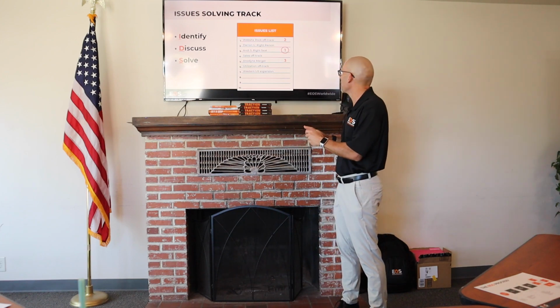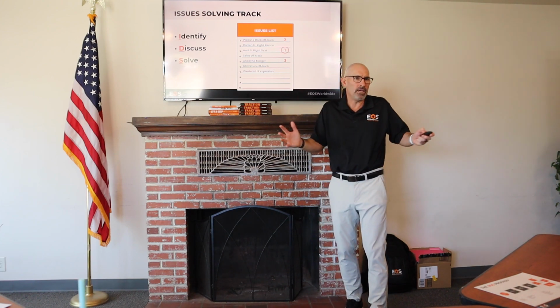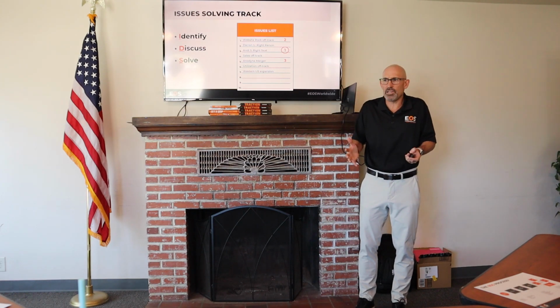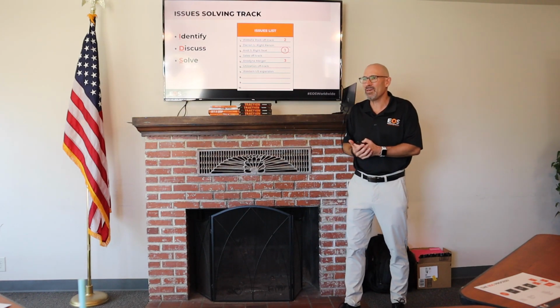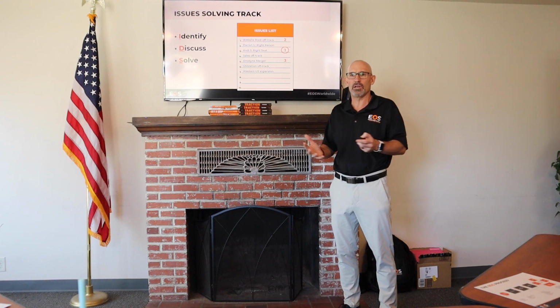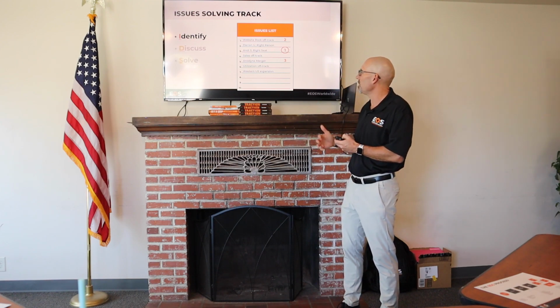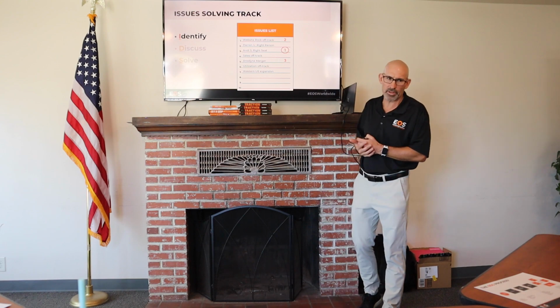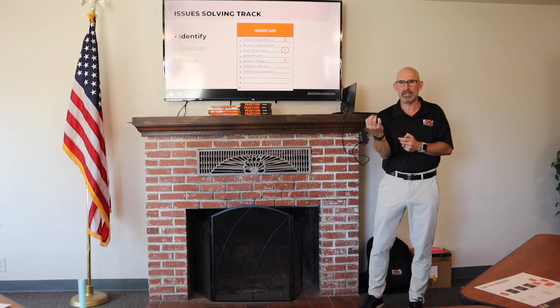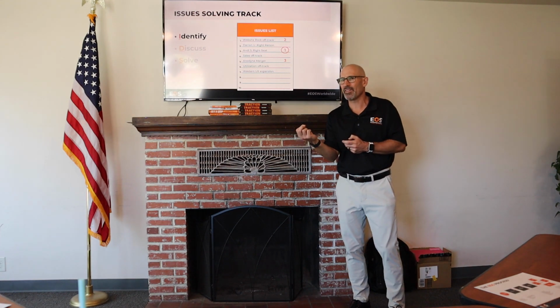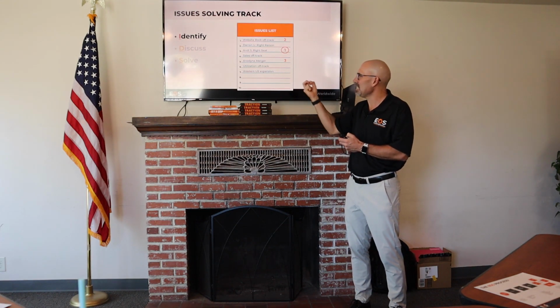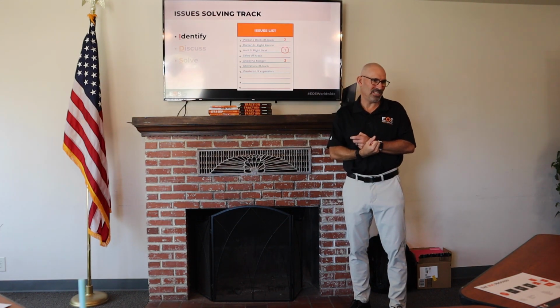So in this case, we're going to go through and talk about Andy. Is Andy in the right seat? Oh, right, we talked about how these people issues end up being 70% of the problems that small businesses are facing. So we're going to go ahead and identify what's going on with Andy. Why is this a right seat issue? What is the root cause? What are the elements that make Andy the wrong person for the seat?